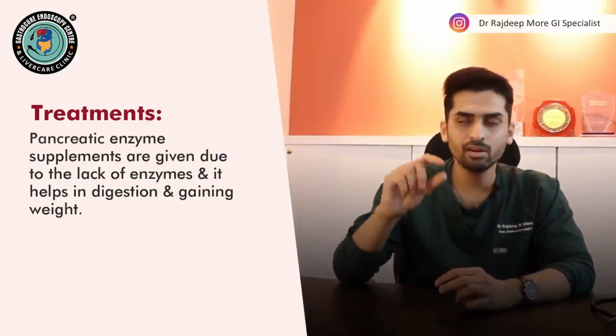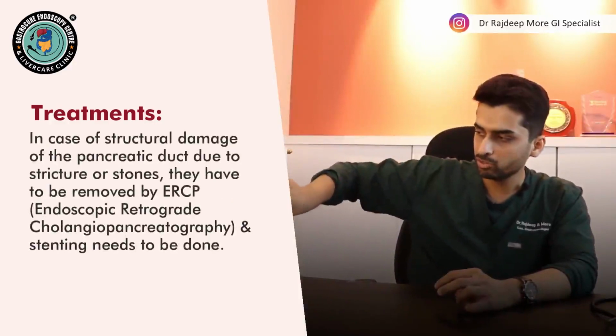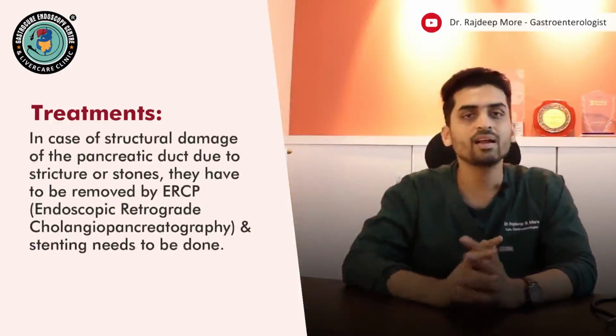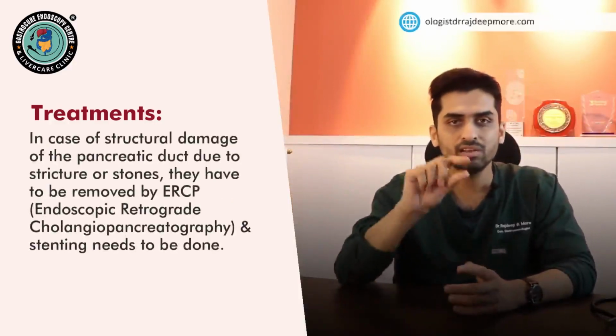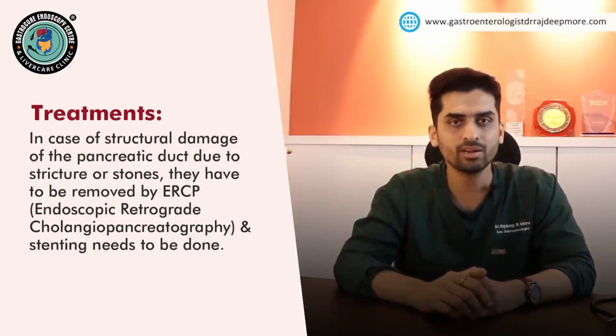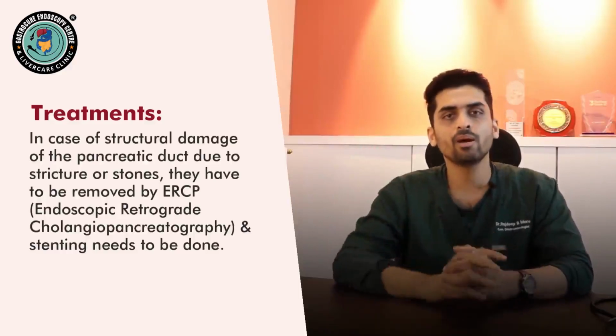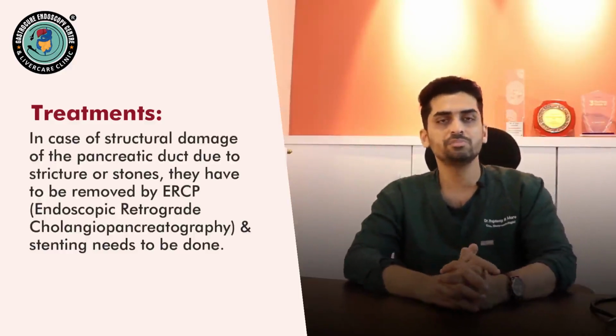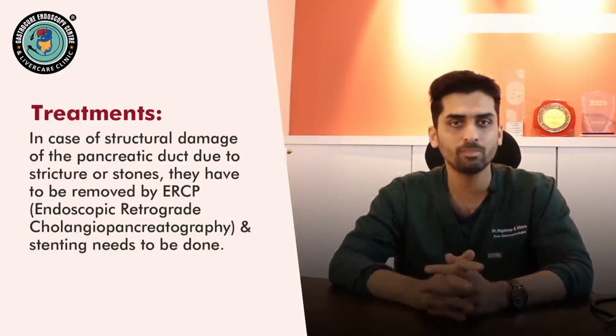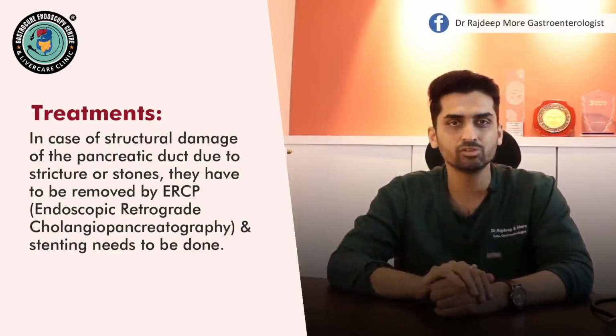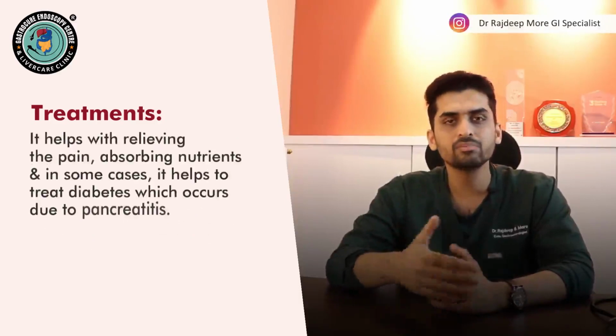and help to gain weight. Now when there is a structural damage to the pancreatic duct, or if there are any strictures or stones in the pancreatic duct, they have to be removed by a procedure called as ERCP or endoscopic retrograde cholangiopancreatography, and a stenting needs to be done. That helps in relief of pain.